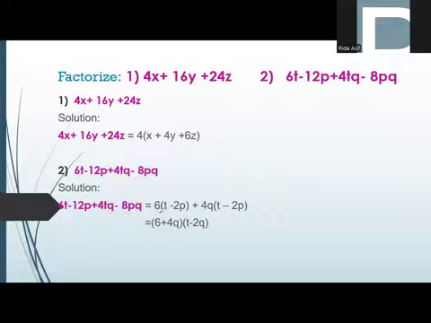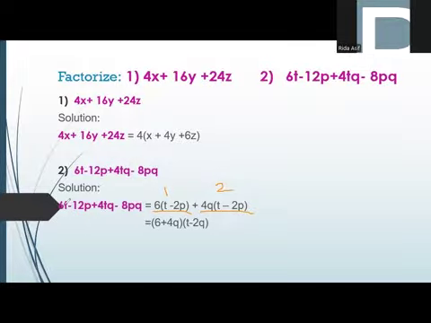Now what about the second step? Look at these two terms carefully: 6 bracket t minus 2p plus 4q bracket t minus 2p. This is the first term, this is the second term. Students, please be careful about this step.